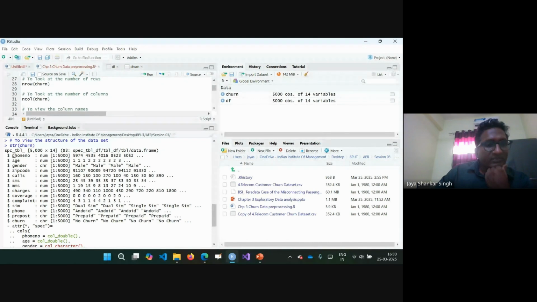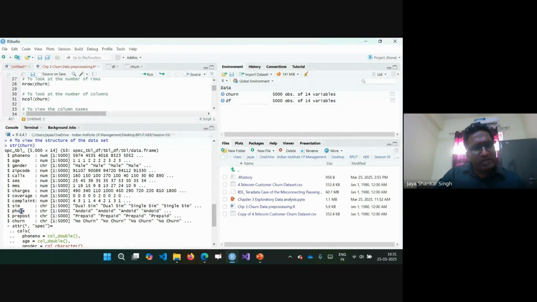We have the first field, phone number, 5,000 observations, and it is giving me a few of the observations, like the top 5. Similarly here, a few observations have been mentioned for age. How many records are there for age? Again 5,000. Similarly for the rest of the fields, I have the initial few values to have an understanding of what is there in that particular field.